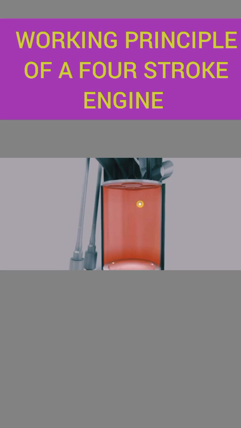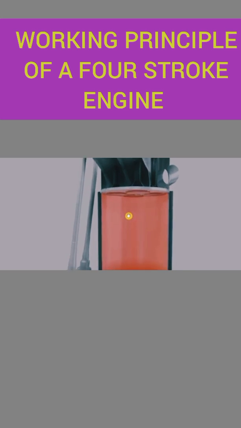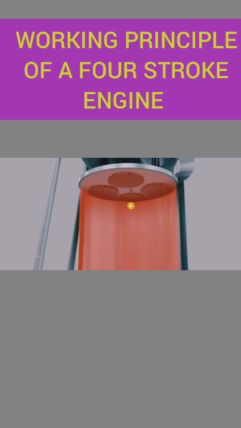Now we have a function for the exhaust valve. Remember, the inlet valve allows fresh air to enter into the cylinder, same also as the exhaust valve is used to remove the exhaust gases which are inside the engine cylinder out. So in this particular stroke, the piston now is at bottom dead center. So now as the crankshaft keeps rotating, the piston starts moving up, the exhaust valves open.